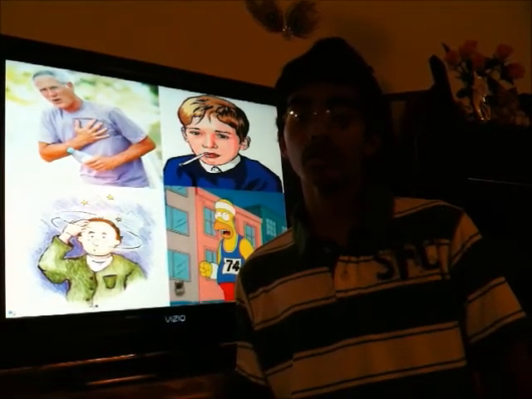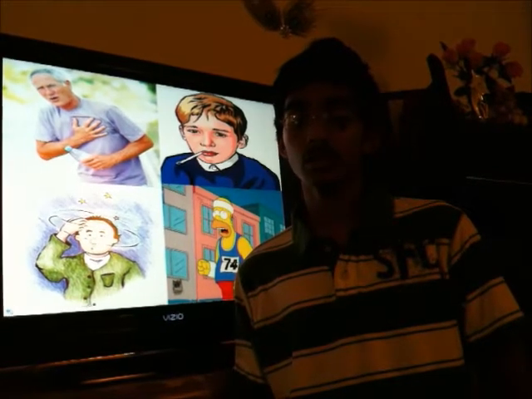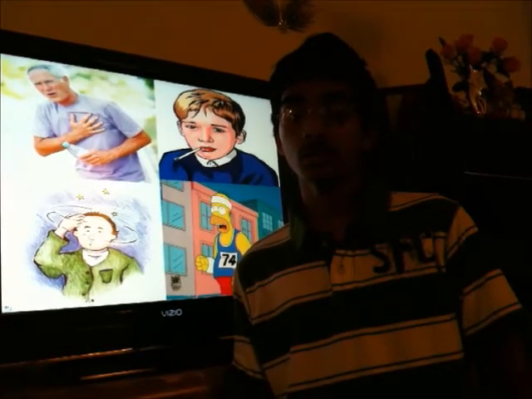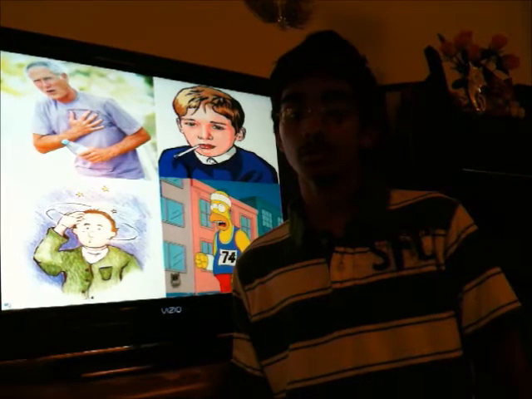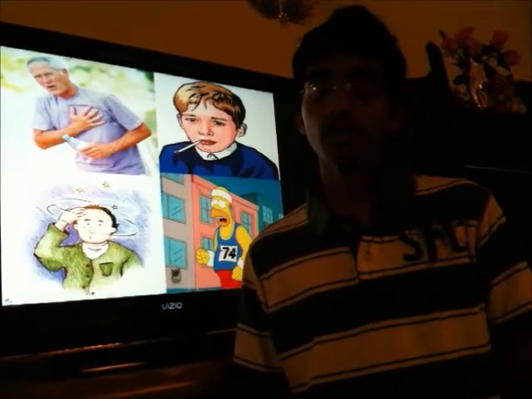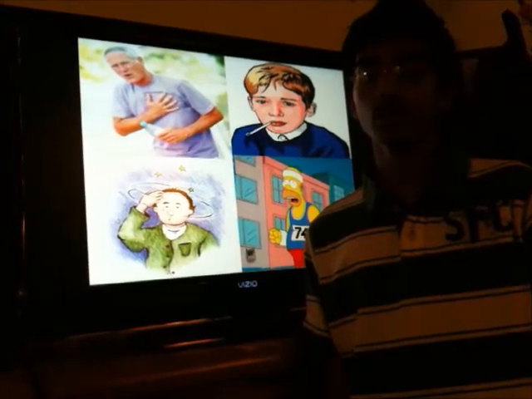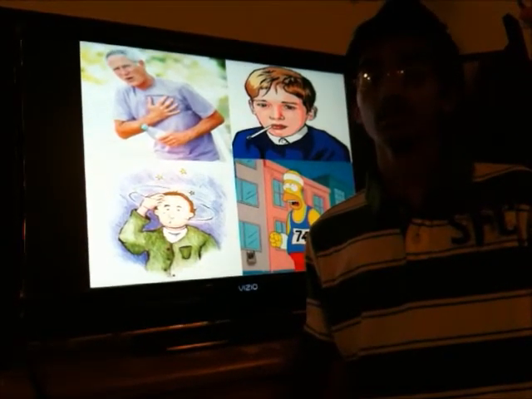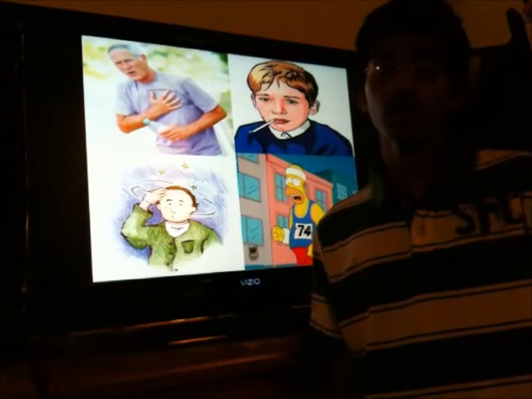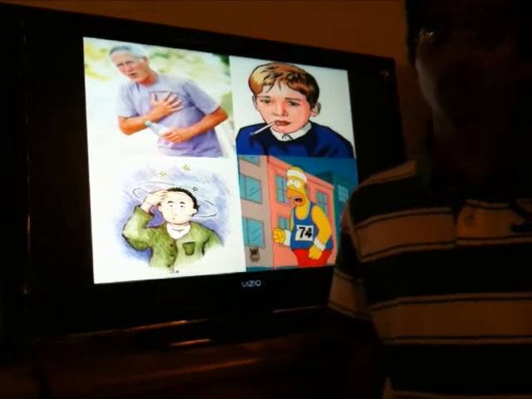These kinds of problems often need immediate attention, and people may need to go to the emergency department of a hospital. If it's not an emergency and the doctor suspects the person could have cardiovascular disease, the doctor can do some tests to find out more about the heart and the blood vessels.